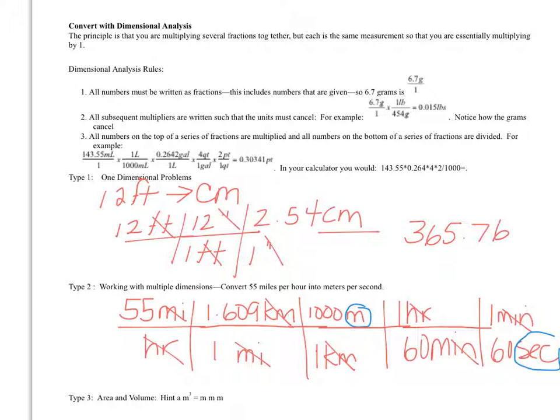Everything else is math. I'm going to multiply everything in my numerator, 55 times 1.609 times 1,000, and then I'm going to divide it by everything in my denominator, which is basically 3,600, because 60 times 60 is 3,600. And then we will have our answer.